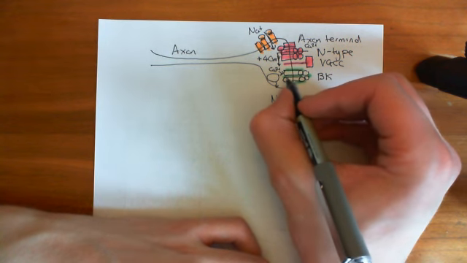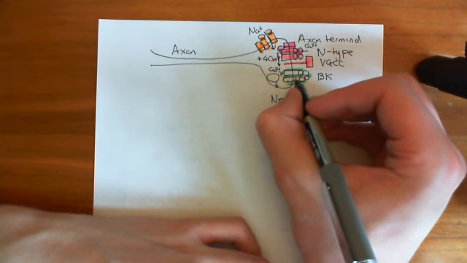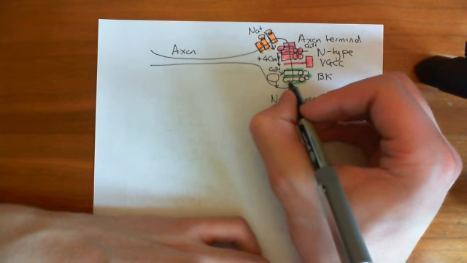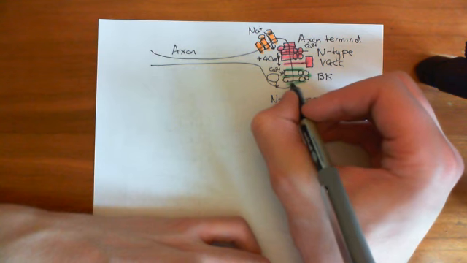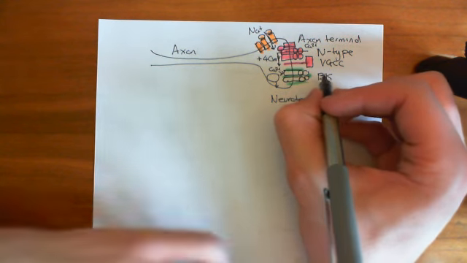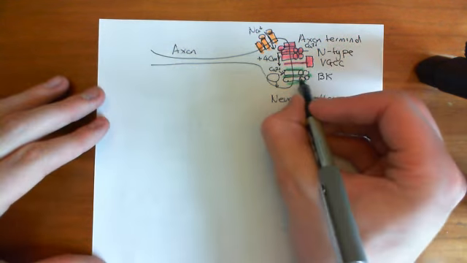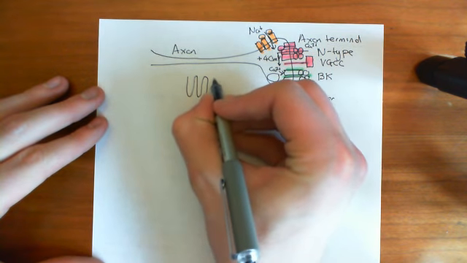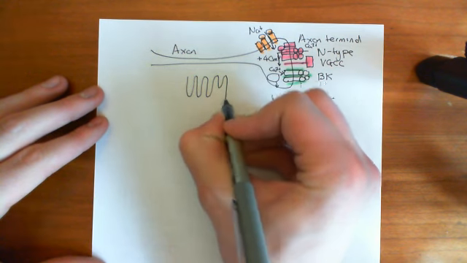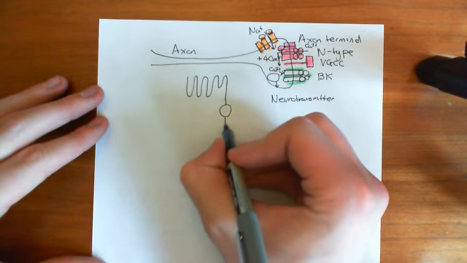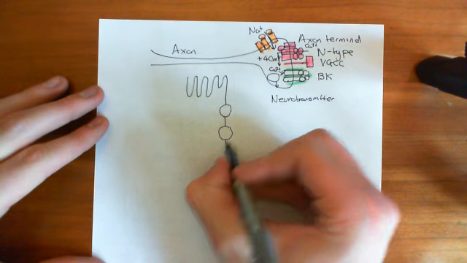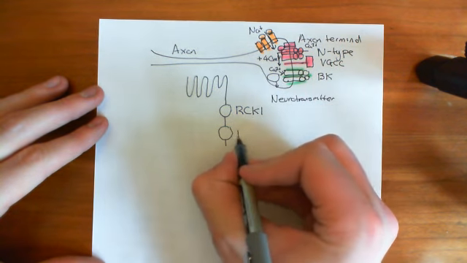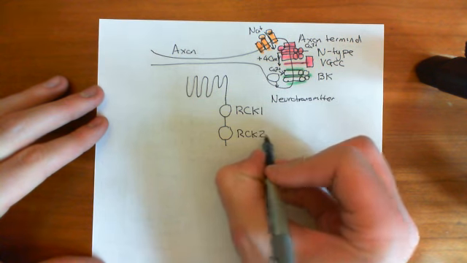So calcium is going to bind to the regulator of conductance of potassium 1 and regulator of conductance of potassium 2 domains. Let me just remind you, each of these alpha subunits had 7 membrane spanning alpha helices, and then it had 2 calcium sensitive domains down here, the regulator of conductance of potassium 1 and the regulator of conductance of potassium 2.